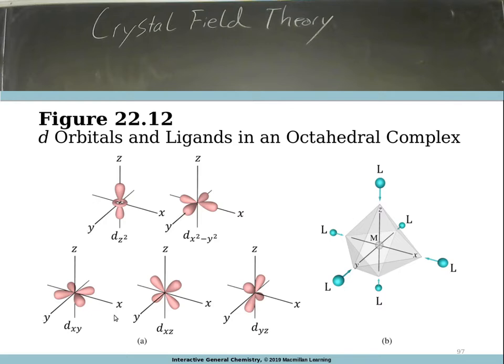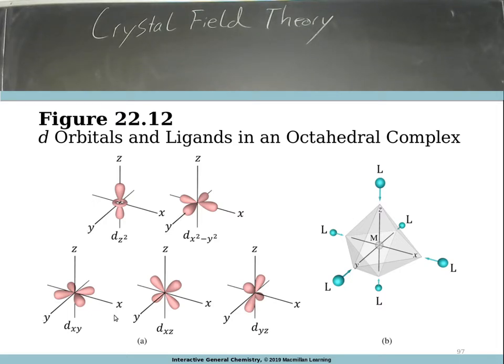The dx squared minus y squared has its clover leaves pointed directly along the x and y axes. And then the dxy is pointing in between the x and y axes in the xy plane. And then the dxz and the dyz are also pointing in between axes in the xz plane or in the yz plane.